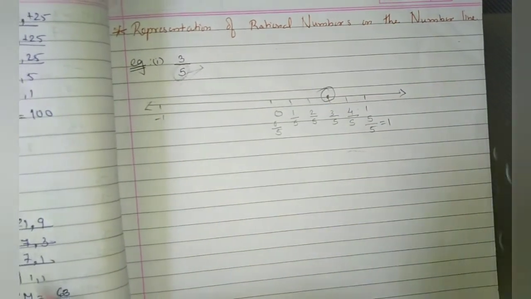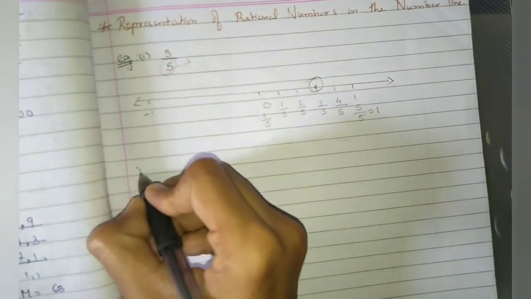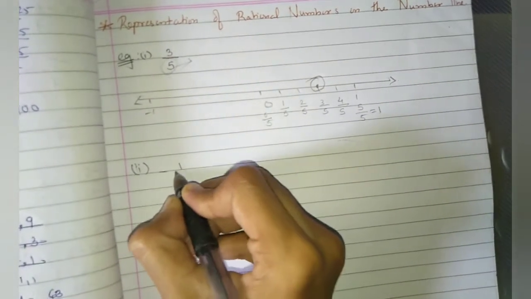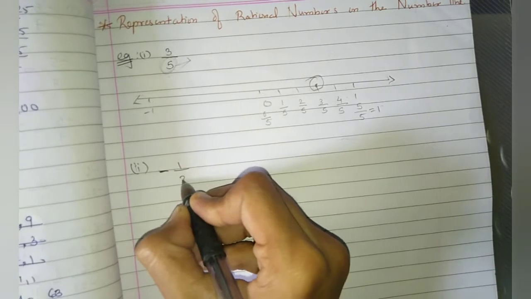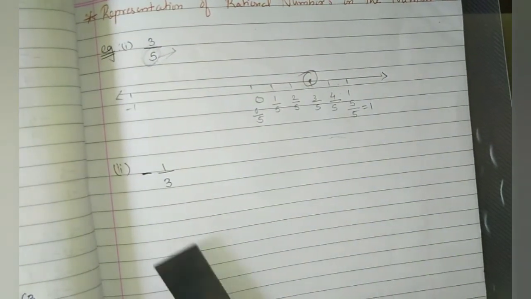Now second example: -1 upon 3. We have to note -1 upon 3.